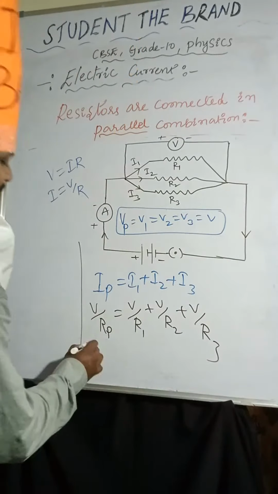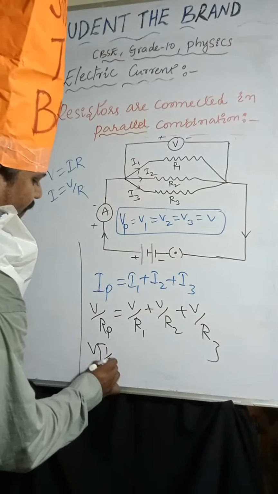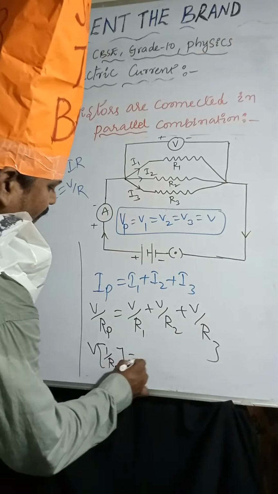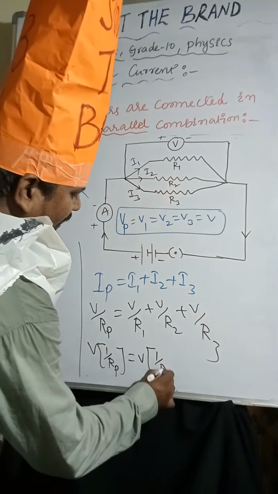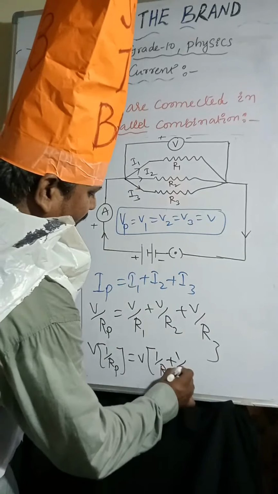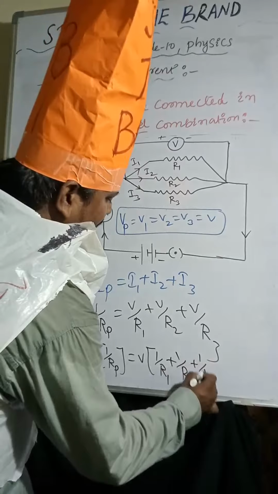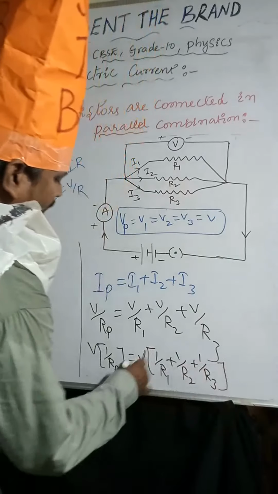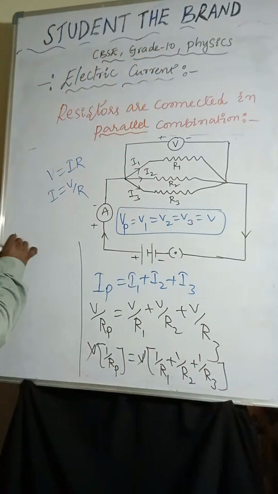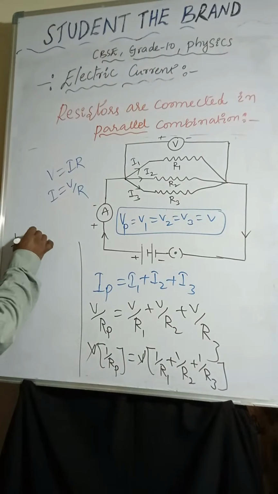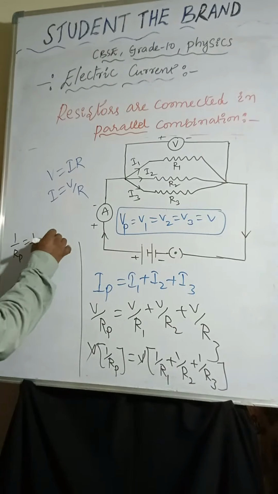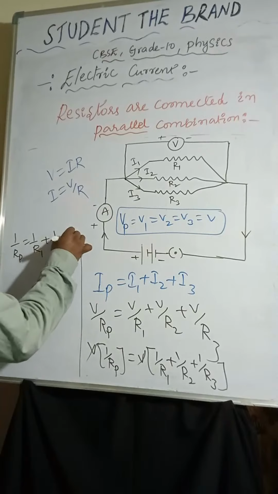Taking V common, 1 by RP equal to V times 1 by R1 plus 1 by R2 plus 1 by R3. Cancelling V, 1 by RP equal to 1 by R1 plus 1 by R2 plus 1 by R3.